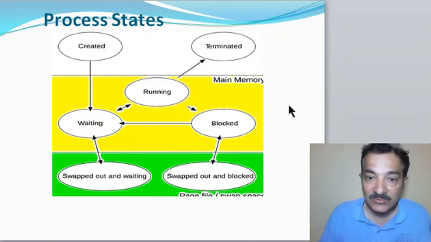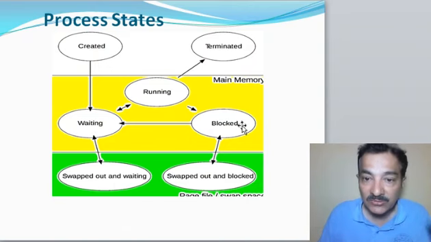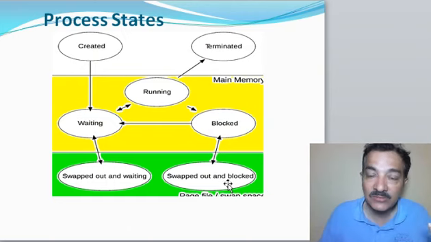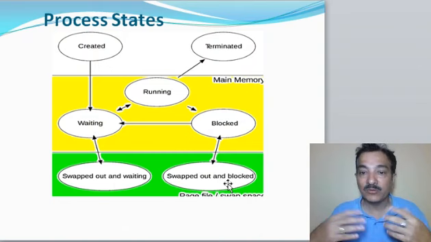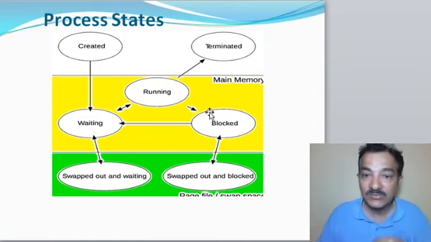So this has 2 extra states: swapped out due to waiting and swapped out due to blocked. Swapped out means moving from main memory to the secondary memory. But whenever it has to be executed, the CPU will only interact with the main memory, so the program has to be swapped back to the main memory.